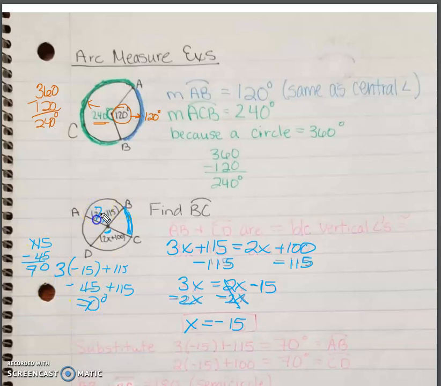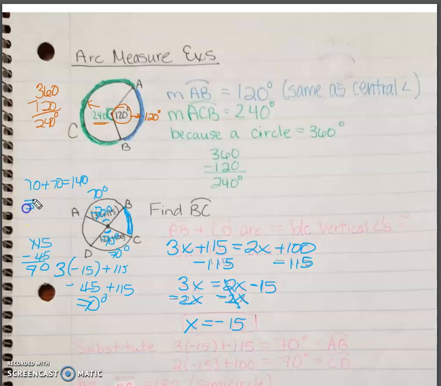Okay, so now I know that this central angle is 70 degrees, and I know this central angle is 70 degrees, which makes arc AB 70 degrees, and that makes CD 70 degrees. Okay, so now that I know that, I can add them up, 70 and 70. That equals 140.